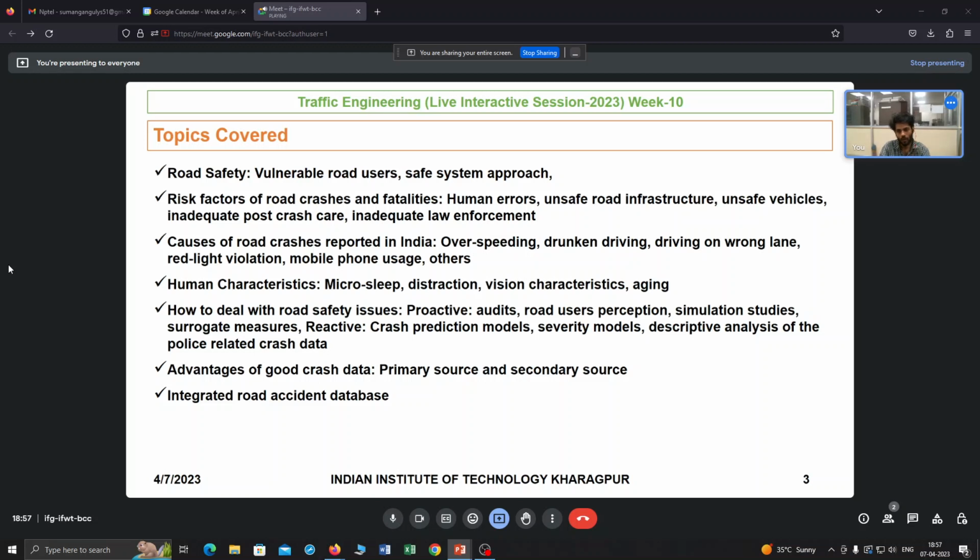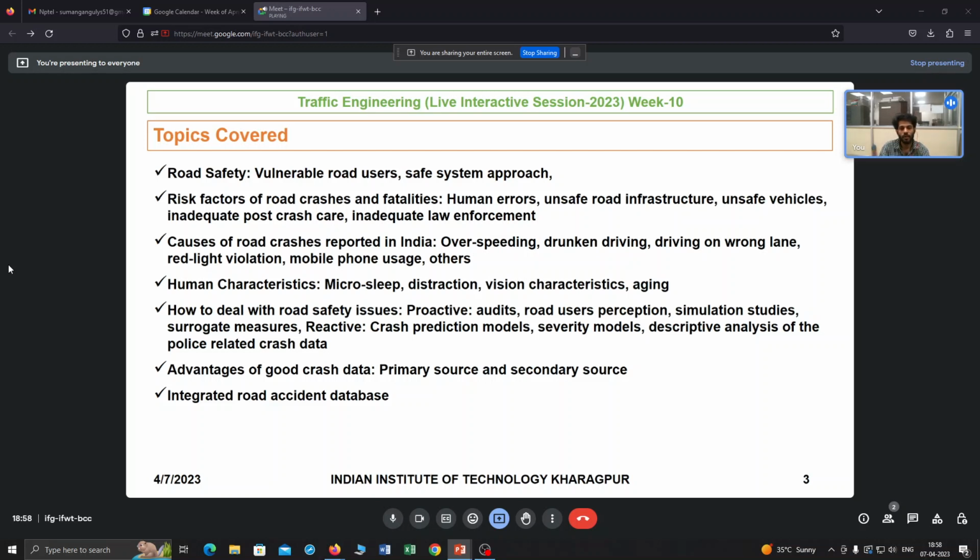Then there are some human characteristics that are also found to be involved, like feeling lethargic while driving, feeling sleepy, and distraction due to mobile phone usage. Then maybe my vision is not good because the driver is getting older.